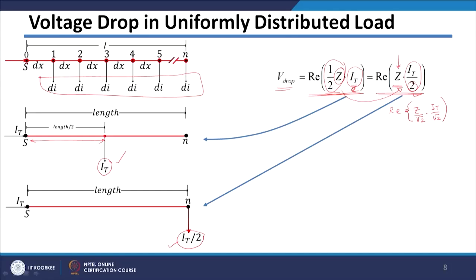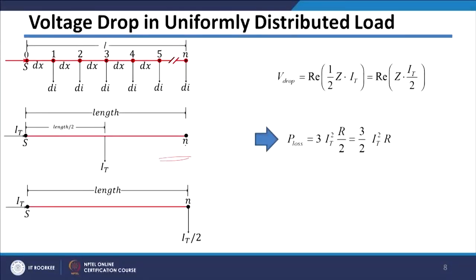In this case, I can easily tell that I can lump this load at 1 by root 2 location. So, it is actually 1 by root 2 of the distance, and the load lumped at this location is IT by root 2. So, you can see that I have shown you 3 ways in which I can lump load. However, there are many ways. By just readjusting this equation, we can lump this load.